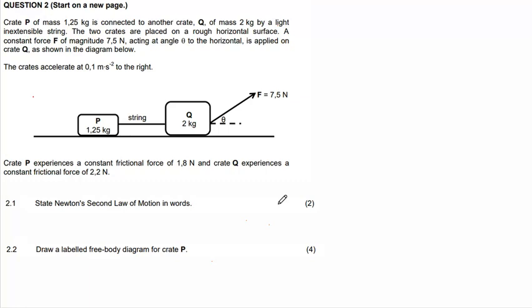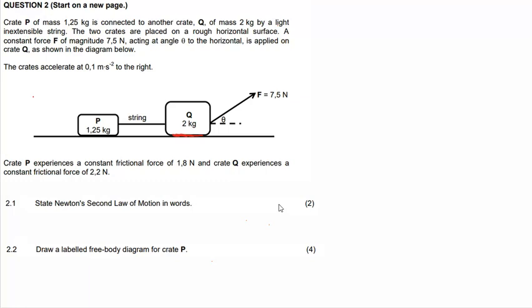So they said that a crate P of mass 1.25 kg is connected to another crate of mass 2 kg, and the one with mass 2 kg, that's our crate Q. Now they say these two crates are placed on a rough horizontal surface. So this tells us that the surface is rough. Since the surface is rough, these two will have frictional force.